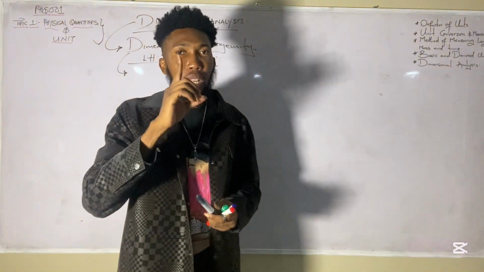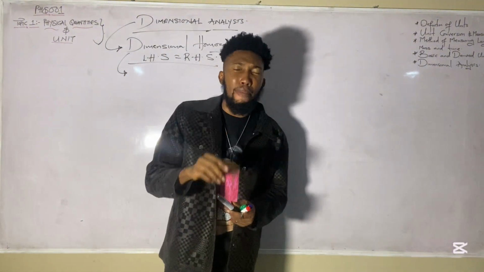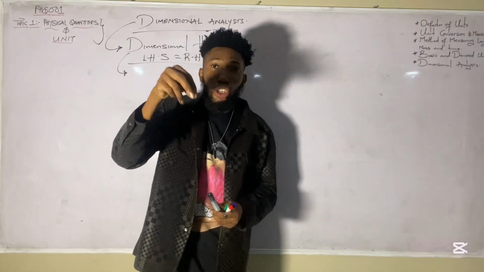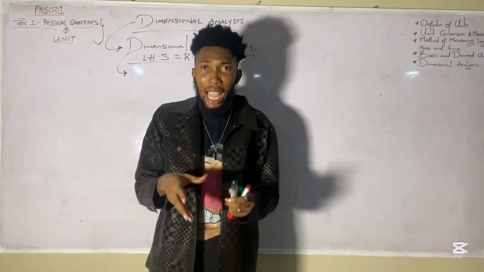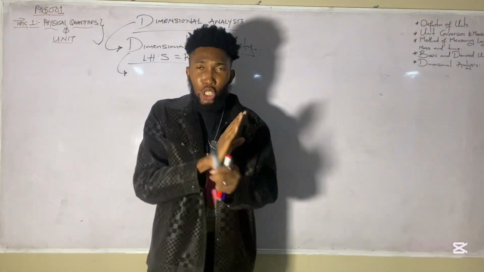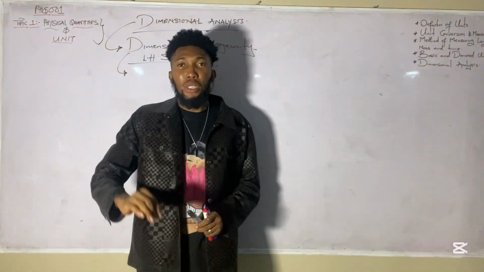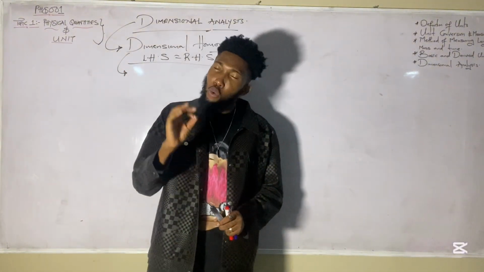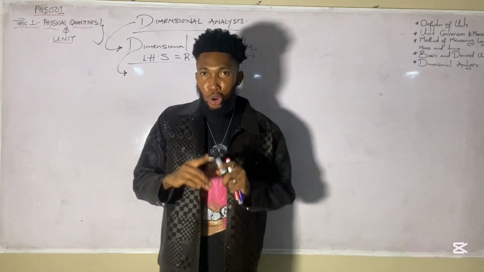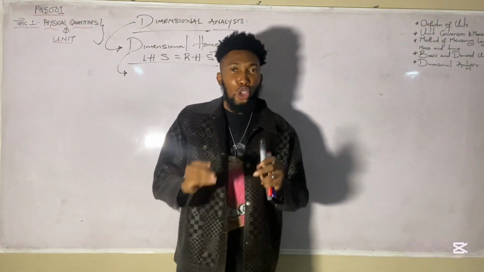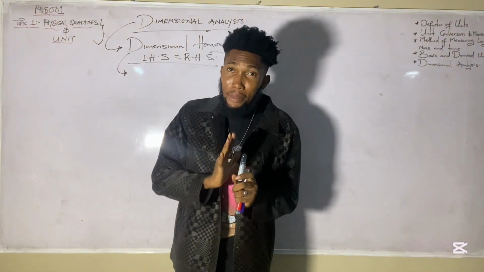I need to clarify something, a disclaimer. Dimensional analysis cannot completely decide if an equation is correct or not. No. It can only suggest if an equation is correct or wrong dimensionally. So you are looking at the dimensions alone to determine if it is correct or not.